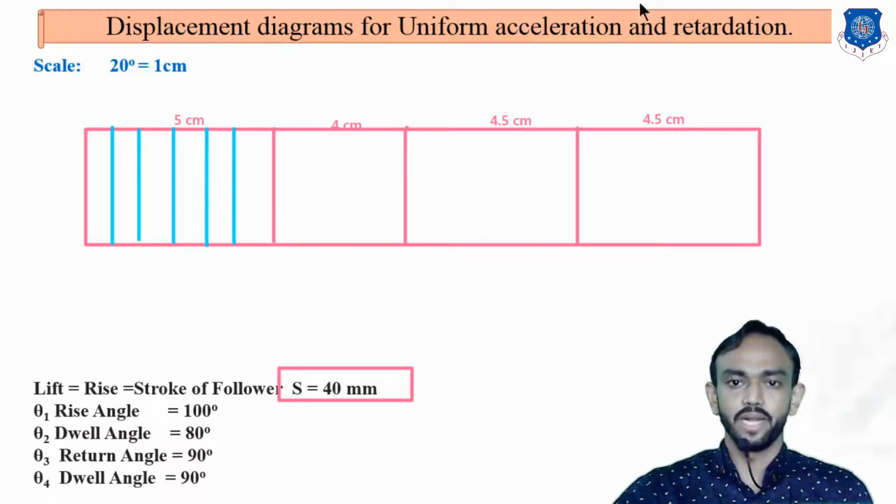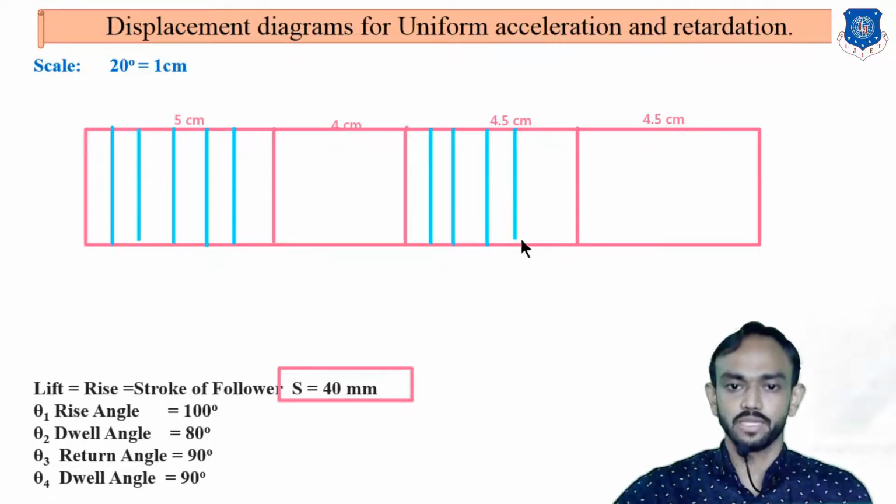It totally depends upon which type of diagram is asked. So always we have to make this diagram first, and out of 7 there will be a minimum of 3 marks given for this if you make a proper displacement diagram. Okay, so 6 parts of rise and 6 parts of return.